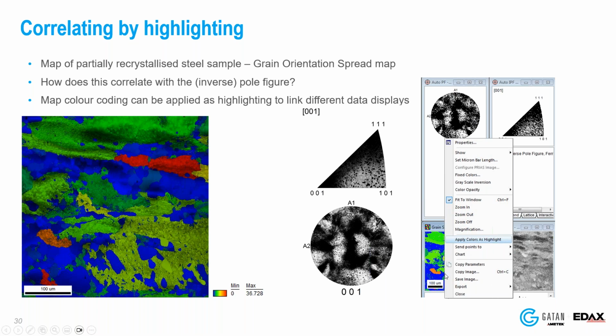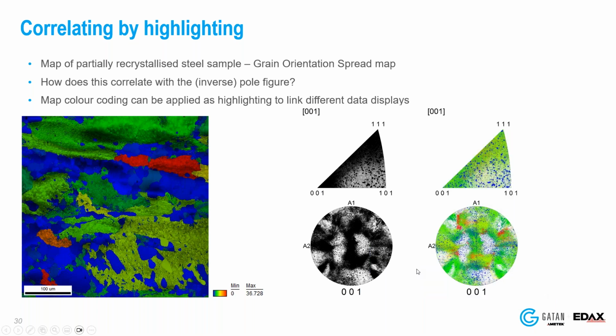And when I do that, it will superimpose the color coding for each pixel to those pole figures. And now you get a very clean separation of the recrystallized grains and the deformed grains in your pole figure as well. So if the recrystallized grains would have a preferred orientation somewhere, now you can see it. And in this image, you would not be able to see that.